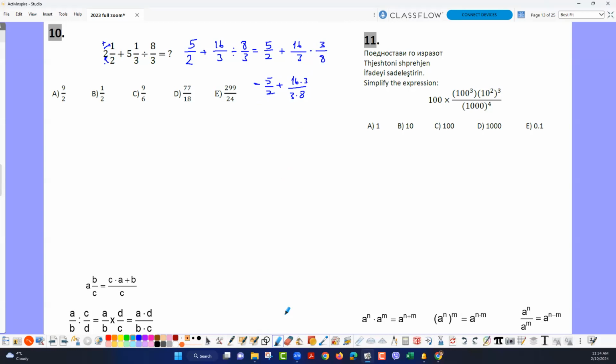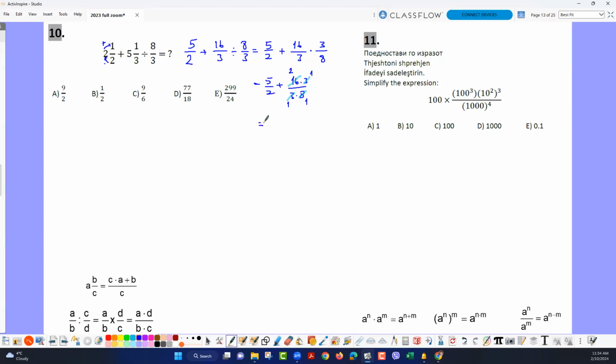If you simplify them, 16 and 8 simplify, this is going to be 2 and this is going to be 1, and 3 and 3 simplify, 3 divided by 3 is equal to 1 and 1.